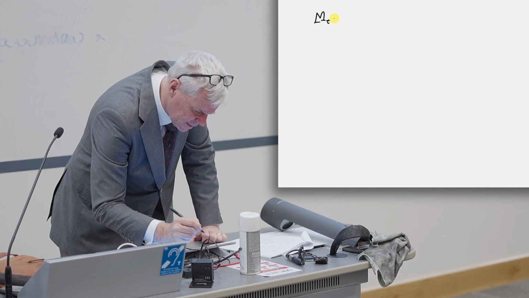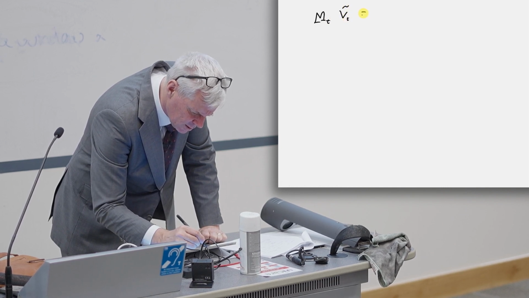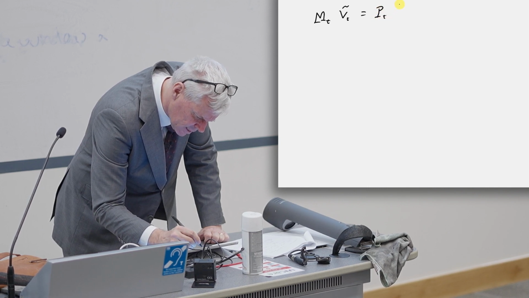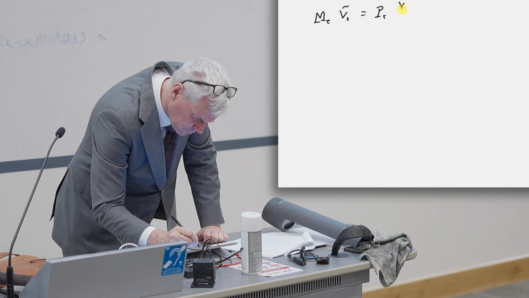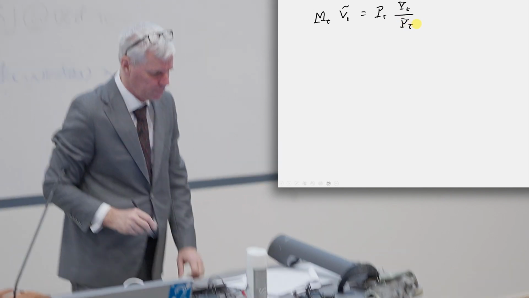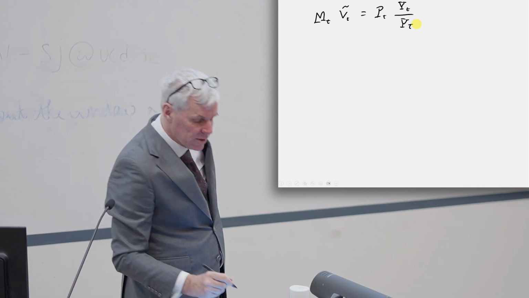Capital M_t times V_t tilde is equal to P_t Y_t over Y bar. Okay. Now I can take logs of this.